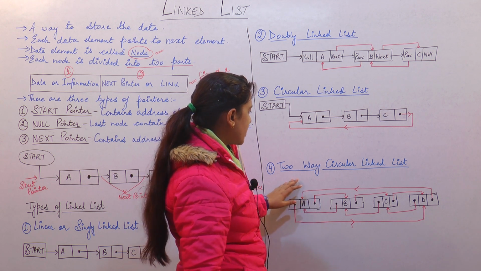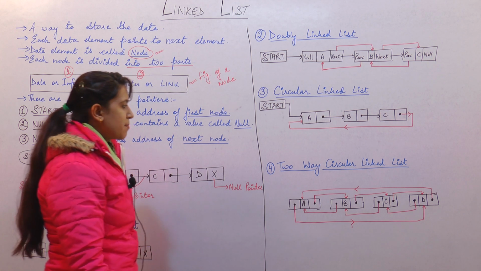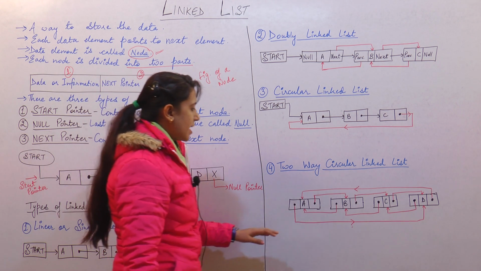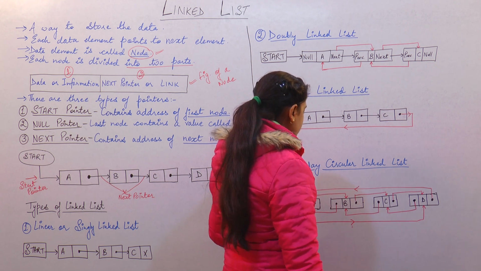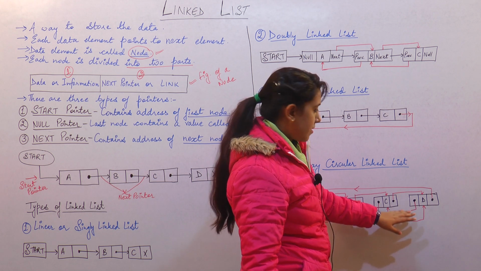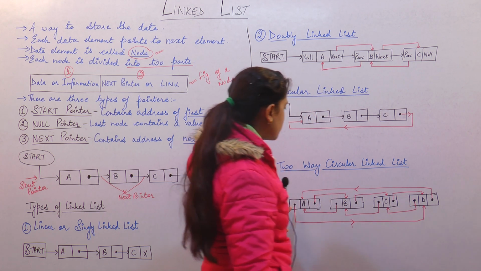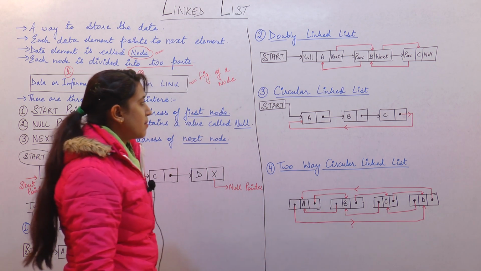So we are calling it two-way circular linked list because in this type of circular linked list, it is acting two-way. That means from node A we can go directly to node D, and from node D we can go directly to node A in a circular manner.